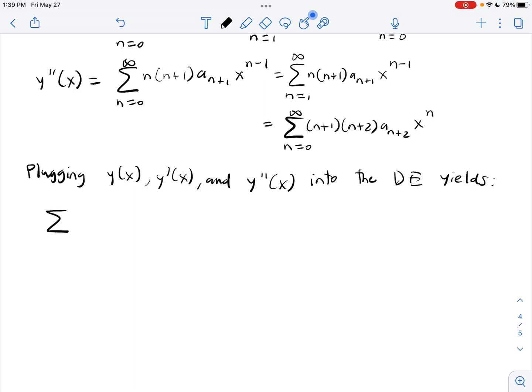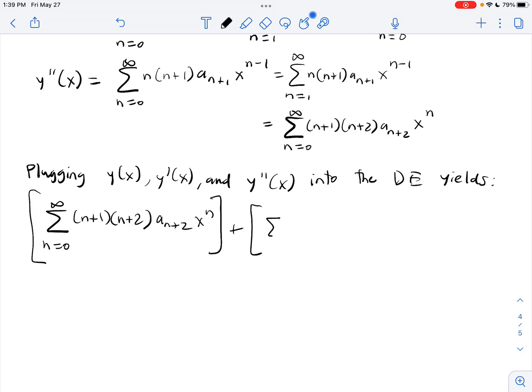So it becomes the following. y double prime plus y is equal to 0.